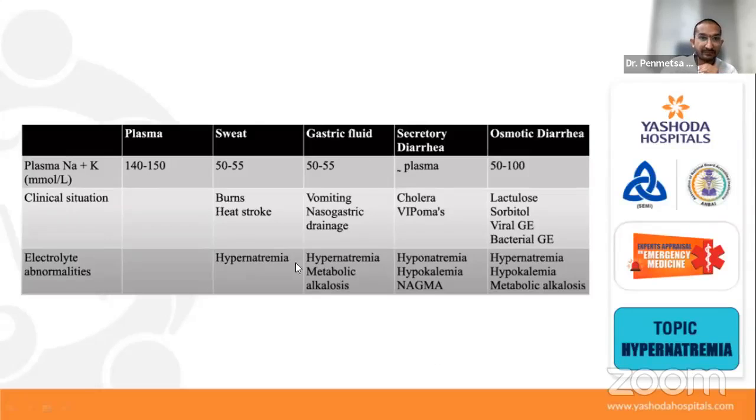If you rapidly correct the hypernatremia, you are reducing the serum osmolality, so water moves from the intravascular compartment into the brain, causing cerebral edema. While correcting hypernatremia, if it is done at a fast pace, they are prone to develop cerebral edema. On the contrary, if slow correction is done, there is no chance of cerebral edema, and the brain size and osmolality are maintained.